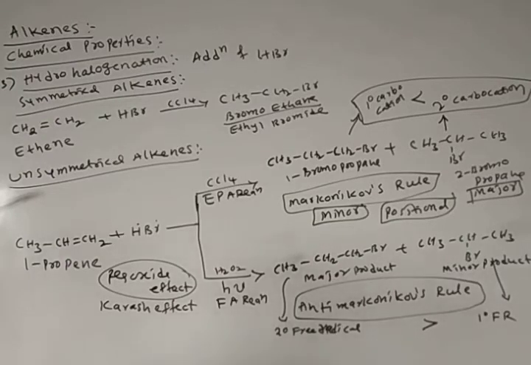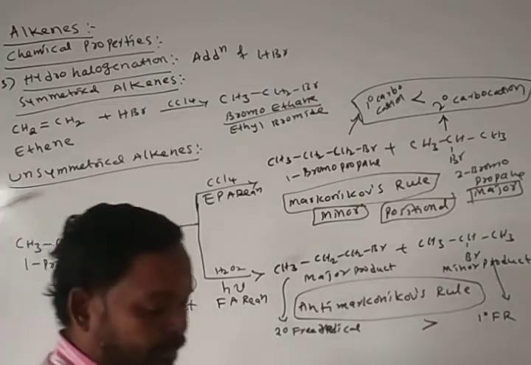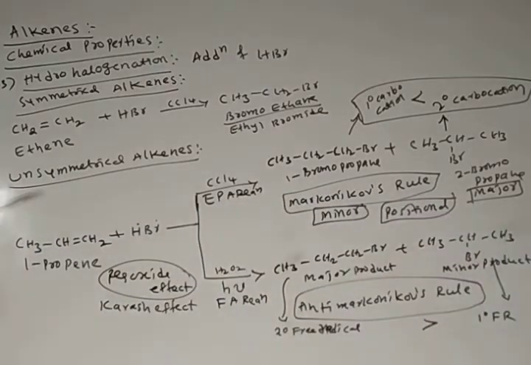Again, I am defining the rules. The Markovnikov rule: the negative part of the reagent should be attached to the carbon which has fewer hydrogens. The anti-Markovnikov rule: the negative part should be attached to the carbon which has more hydrogens, also called the peroxide effect or Kharasch effect.